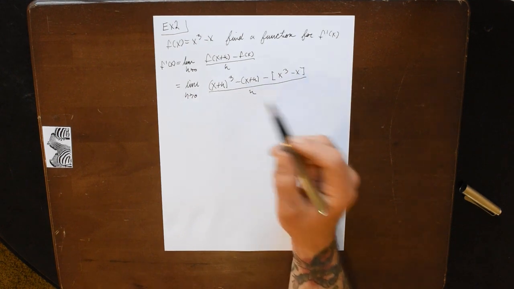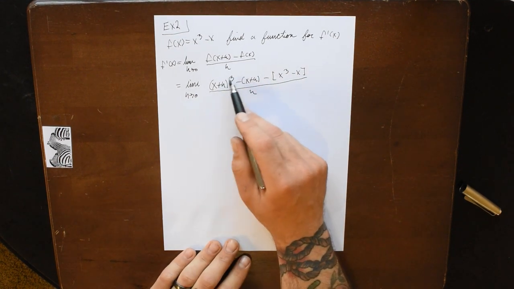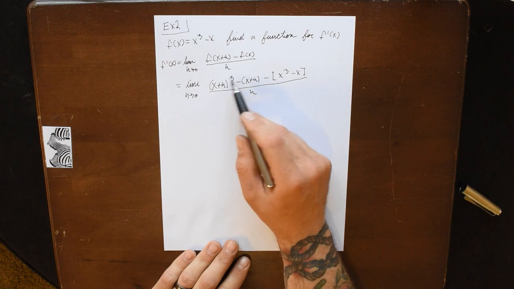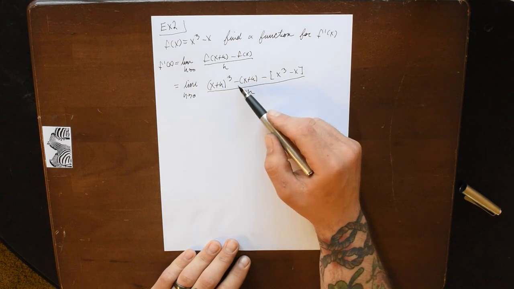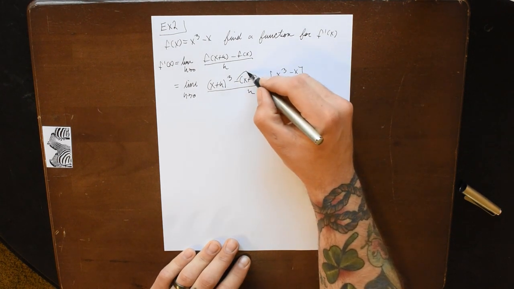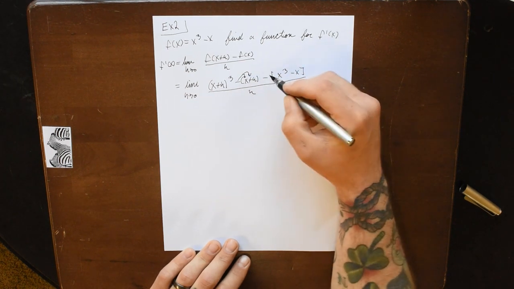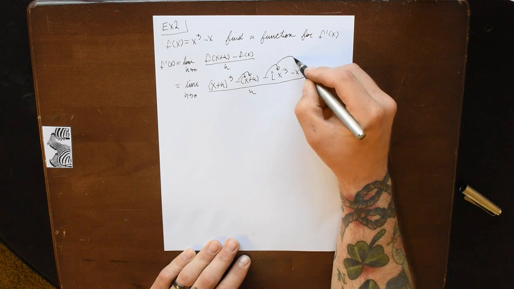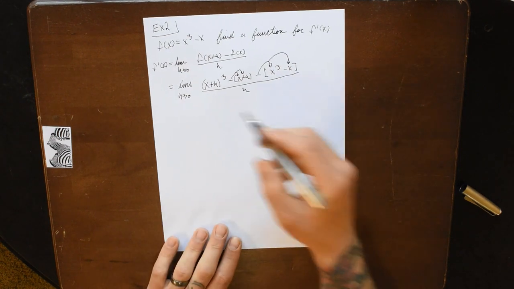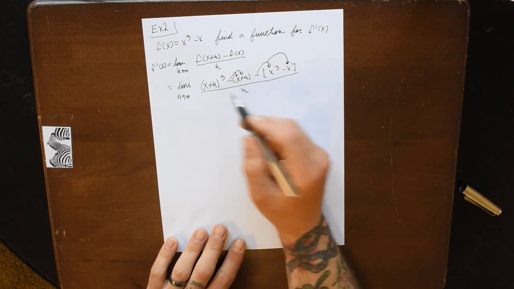Okay, now we have to perform the algebra. We've got to use the distributive property. We've got to FOIL. We've got to deal with this cube. We've got to distribute a minus sign. We've got to distribute a couple of minus signs, actually, there and there. So you guys don't have to show your distribution.